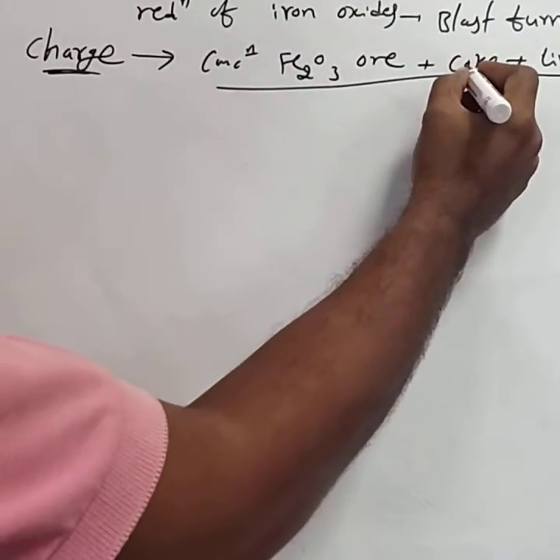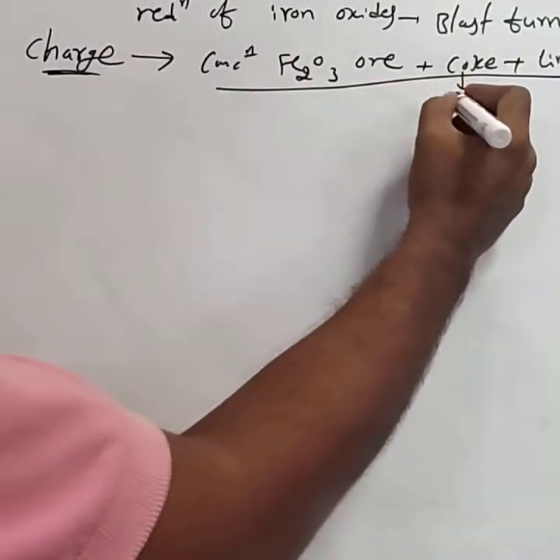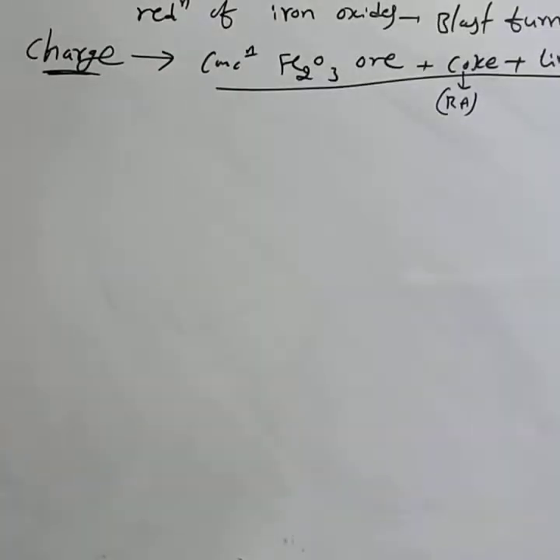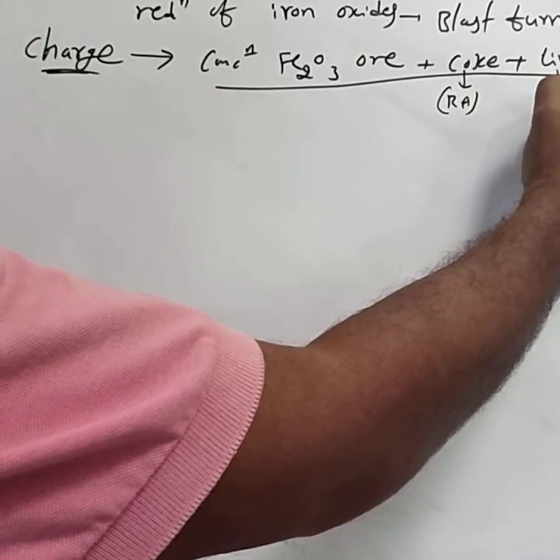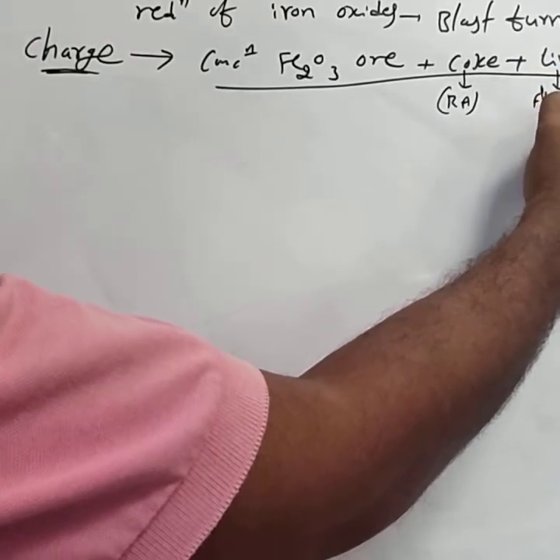The role of coke in the blast furnace is to act as the reducing agent, while limestone serves as the flux.